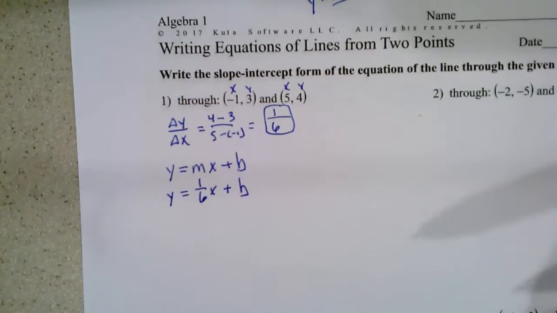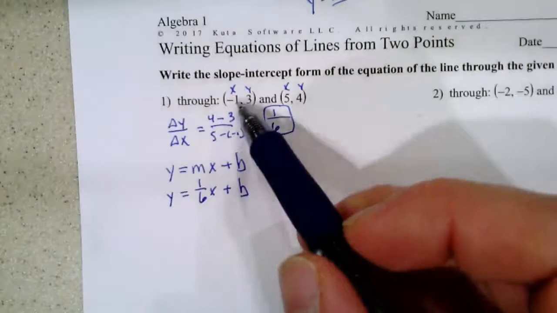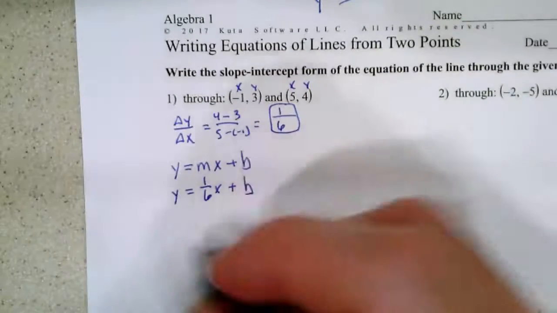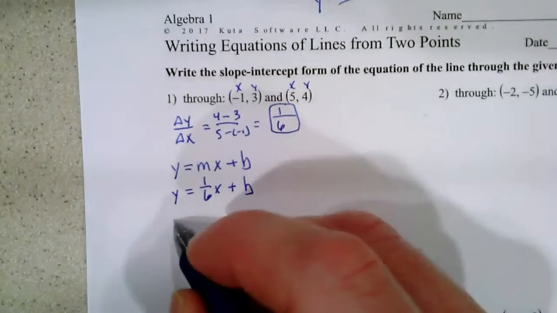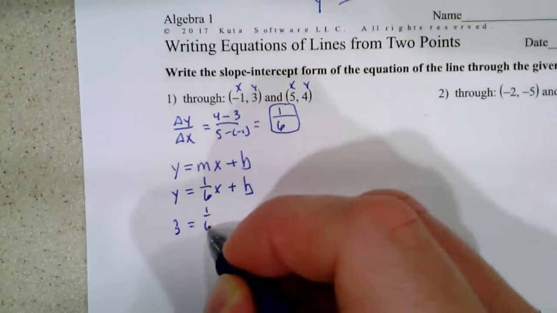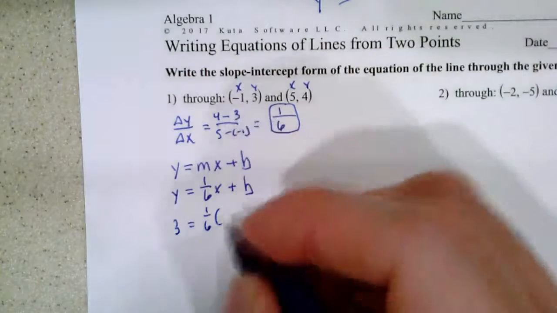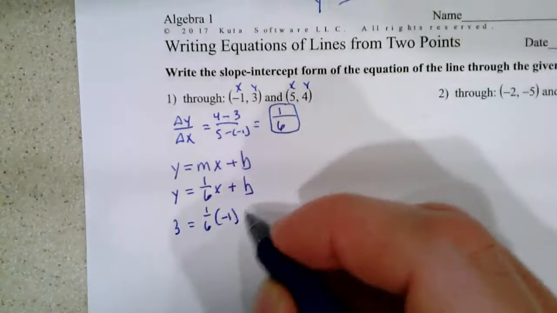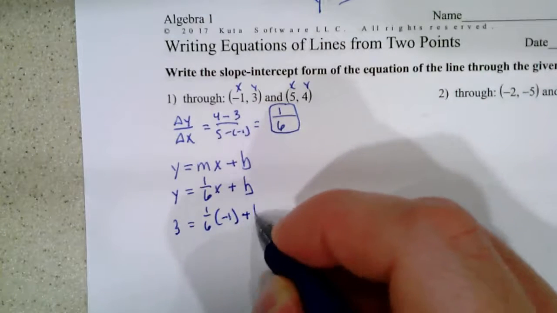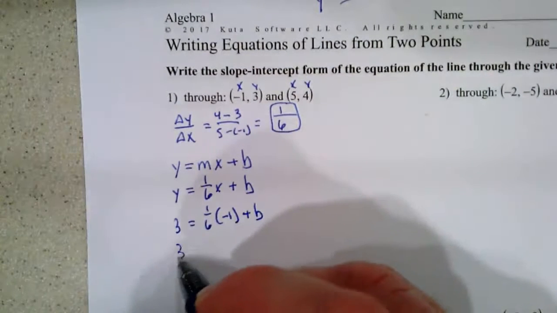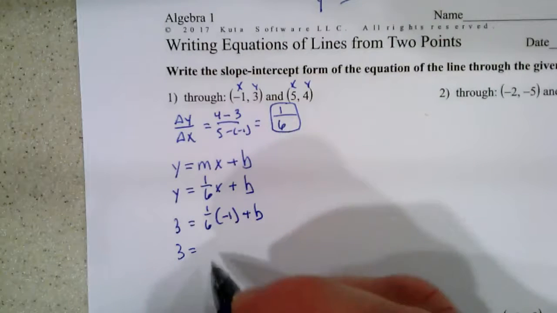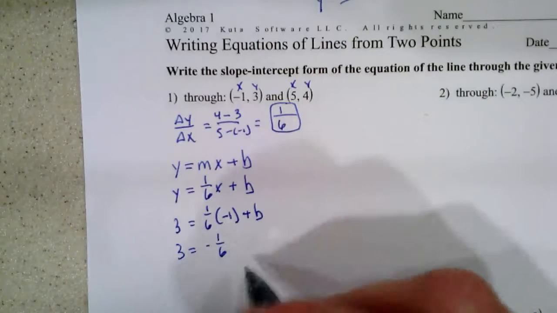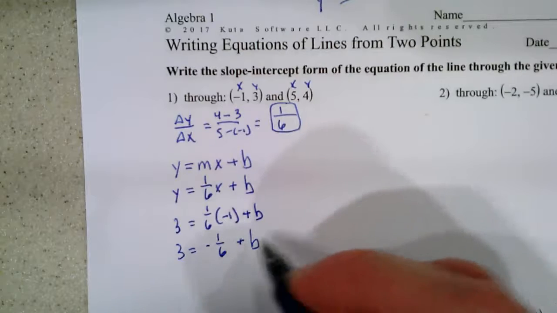I'm going to pick, I don't know, the first point. It doesn't really matter. So I'm going to substitute 3 for y, and I'm going to substitute negative 1 for x. So we have 3 equals 1/6 times negative 1, which is negative 1/6 plus b.